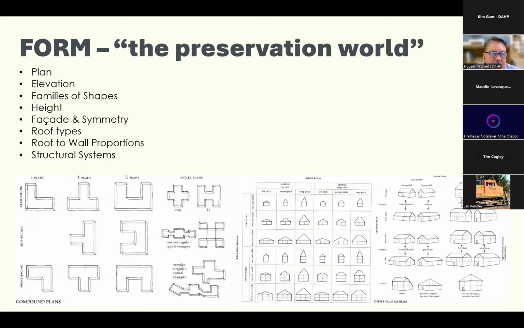We're more talking about the plan and the elevations and families of shapes and how they come together. Sometimes the structural systems, the facade, the symmetry, things like that is what we look at when we talk about building forms and typologies. I'm using those two terms intermittently together because they're really both the same, at least in the preservation world that we're all in.